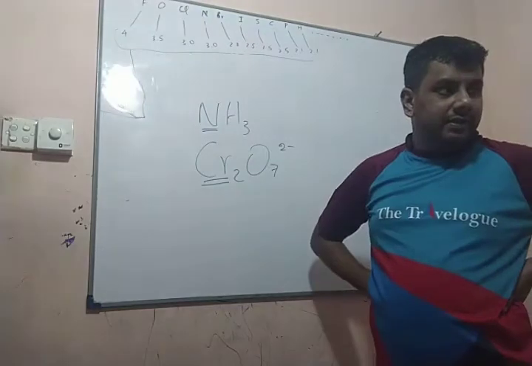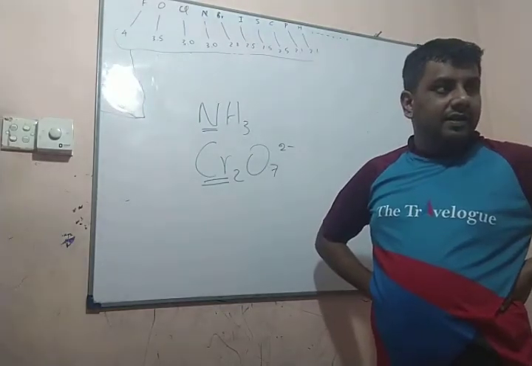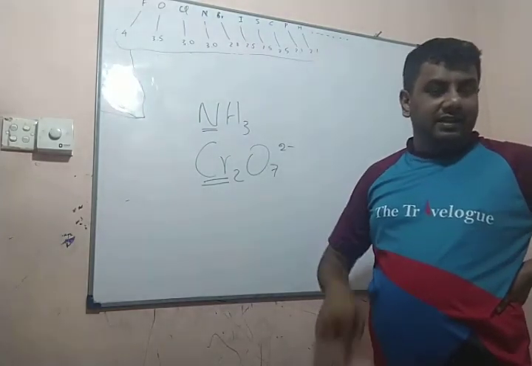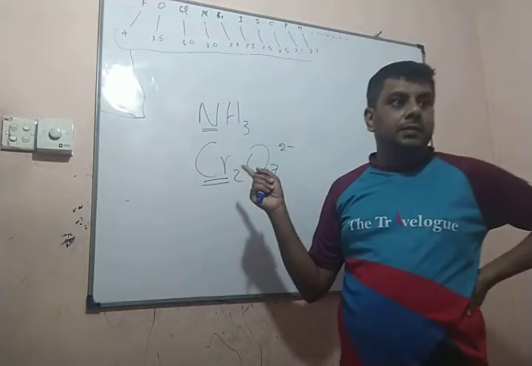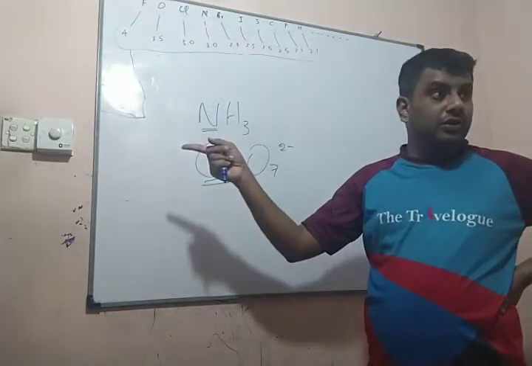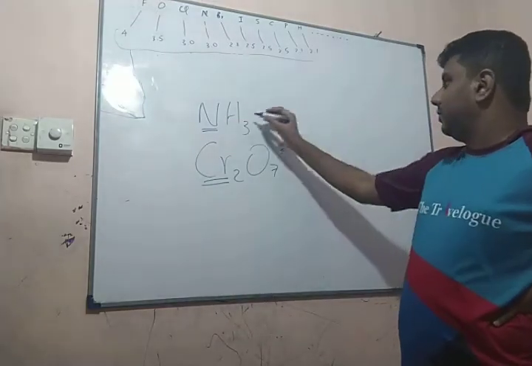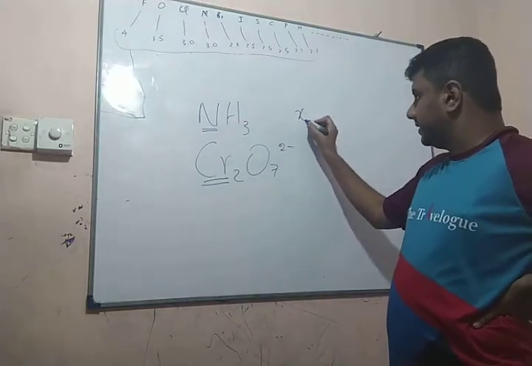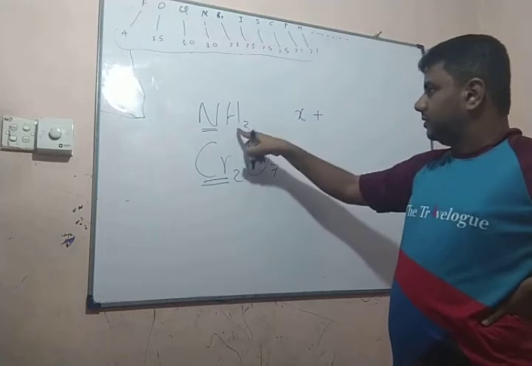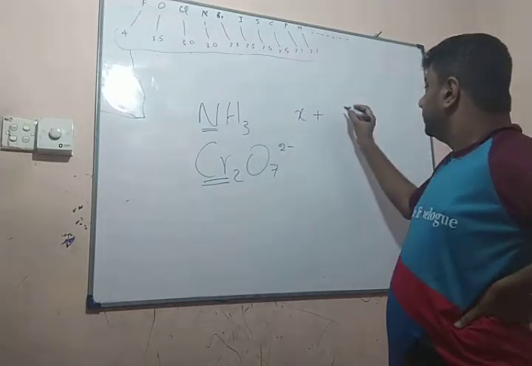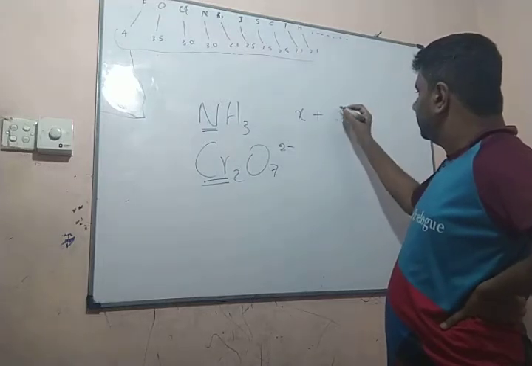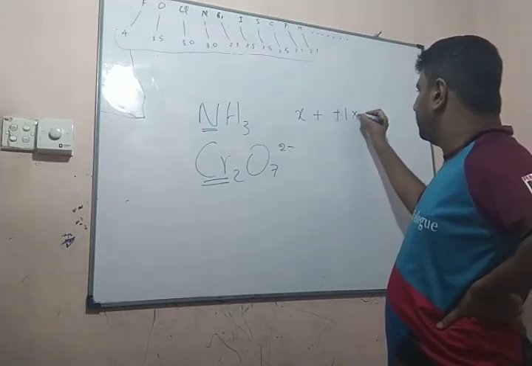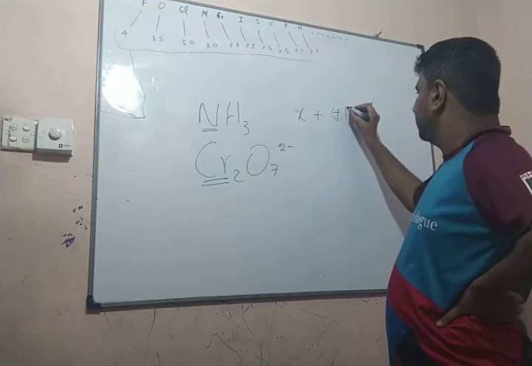So how to find hydrogen? There are two possible oxidation states of hydrogen, +1 or -1. Here it is +1 because nitrogen is electronegative, right? So oxidation state of nitrogen is x plus hydrogen +1, 3 into +1, right?